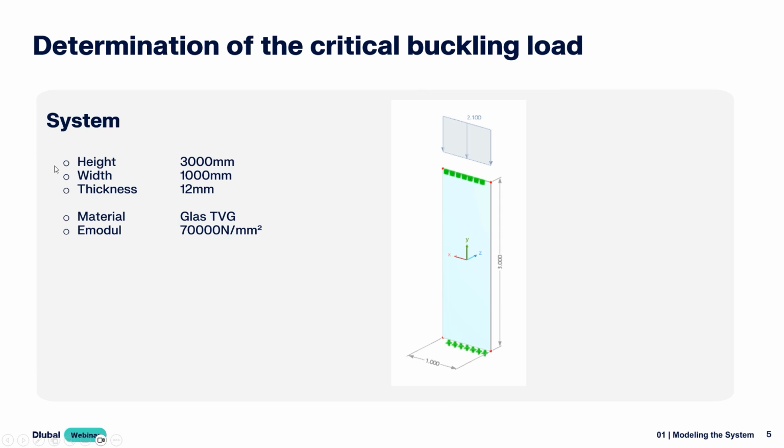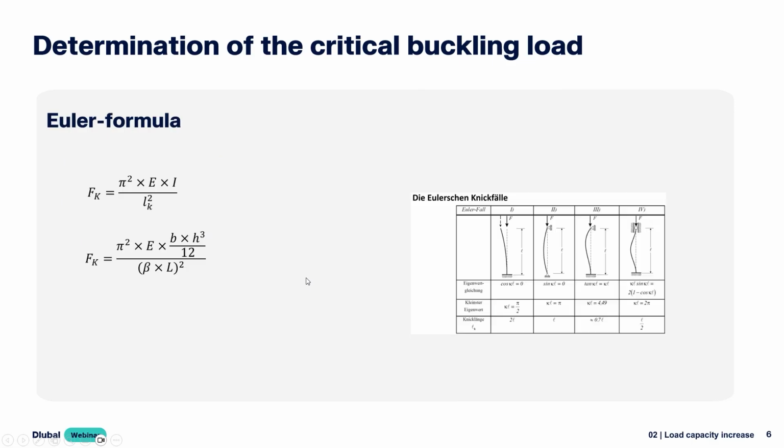As I told you, the length of the system is 3 meters, the width is 1 meter, and the thickness of the surface is 12 millimeters. The material is glass, and the E module is 70,000 Newton per square millimeter.